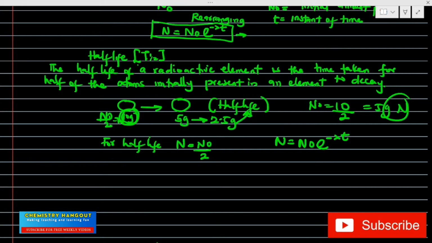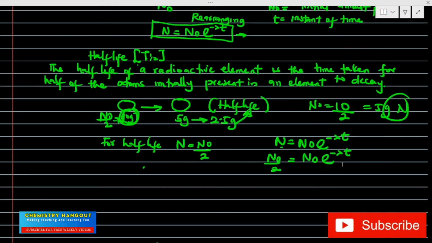Anywhere we see N here, we put N naught over 2. So we substitute: N naught over 2 is equal to N naught exponential minus lambda t.